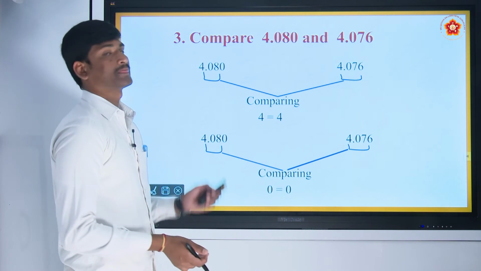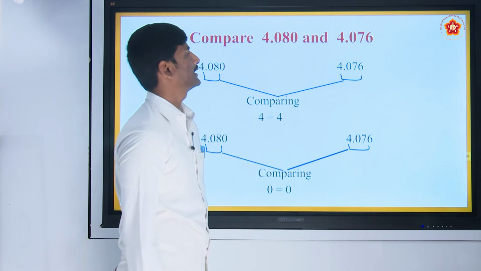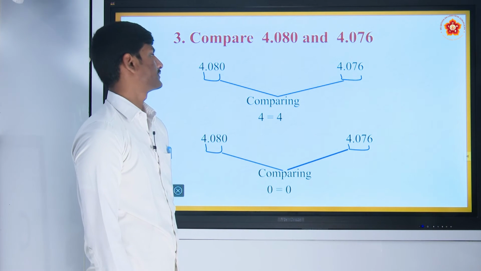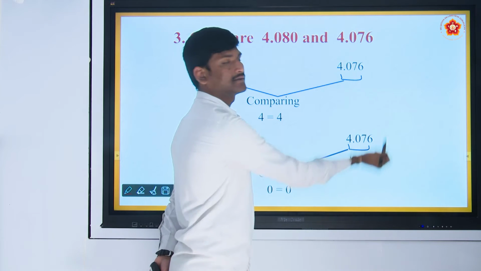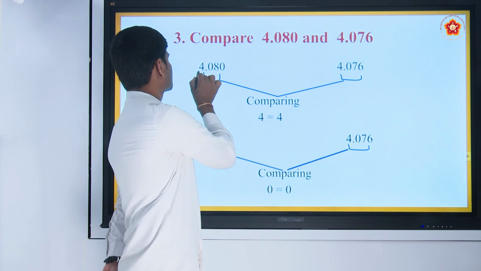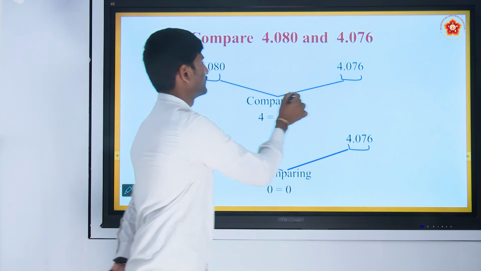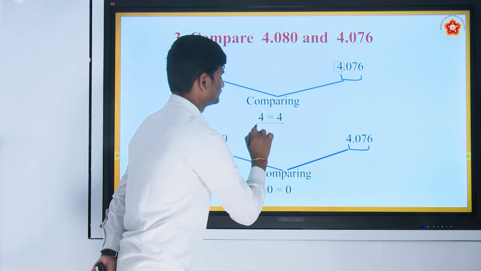Then I take the third one. Compare 4.080 and 4.076. First we write 4.080 and 4.076. We compare the whole number part first, 4. Both are equal.